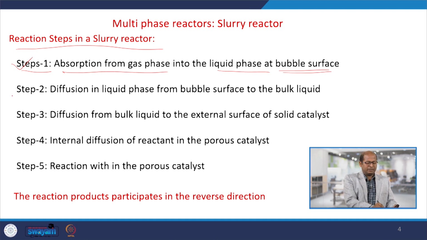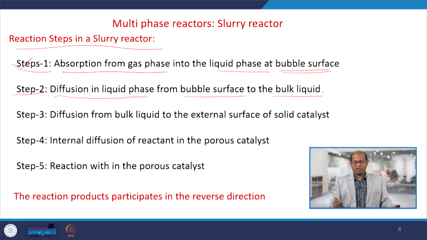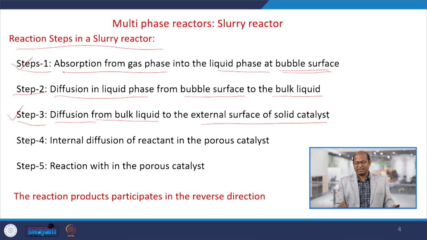Next, step 2 is the diffusion in the liquid phase from the bubble surface to the bulk liquid. When gas comes in contact with the surface of the liquid, it is transferred from the interface to the bulk liquid. Then step 3 is the diffusion from the bulk liquid to the external surface of the catalyst.